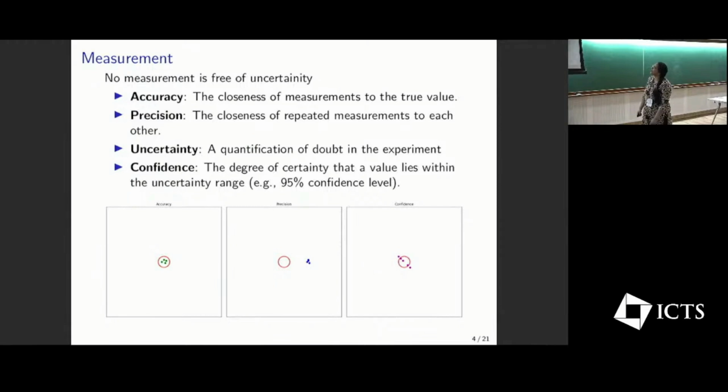Okay, so just to reiterate the point, there's no measurement which is actually free of any uncertainty. You might want to build a board which is as big as this room, right? So you can measure the length of this board with a meter stick, and you get some uncertainty, and you might be a total perfectionist and want to measure it better.